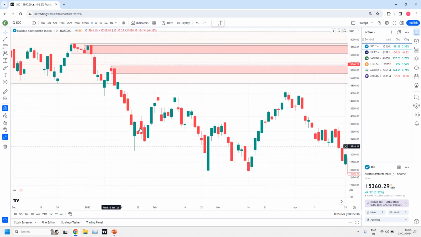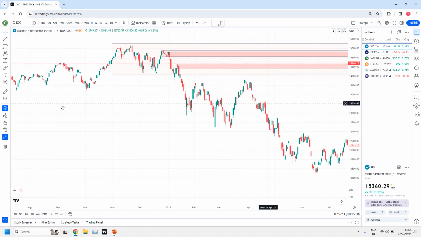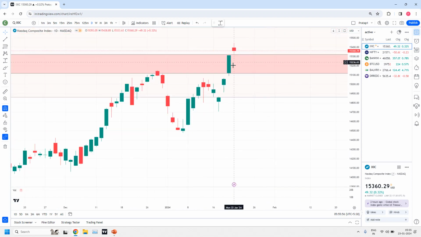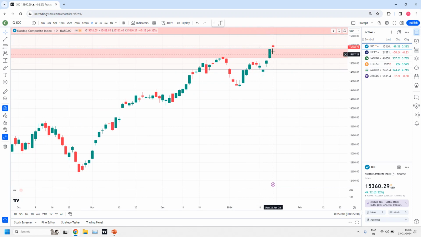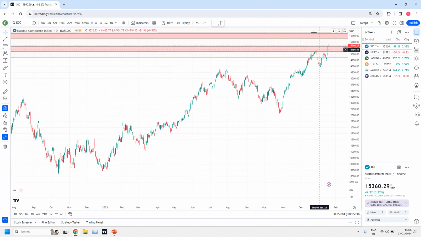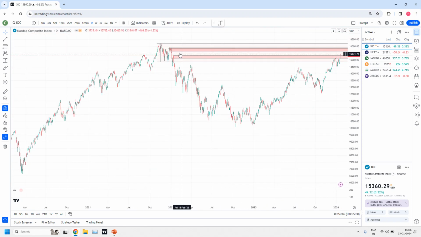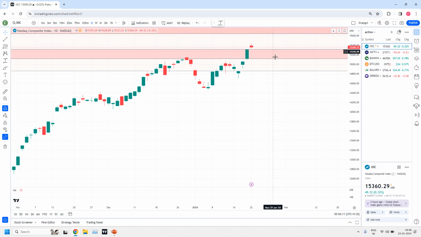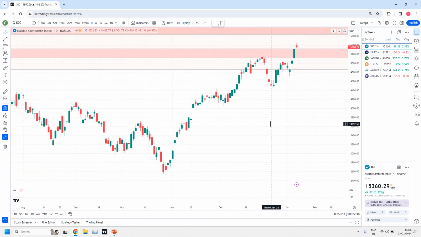There are higher chances. If you look into NASDAQ current price, see here what happened? The zone is easily violated. This zone is easily violated. But once prices enter into this area, probably there could be a fall from here.